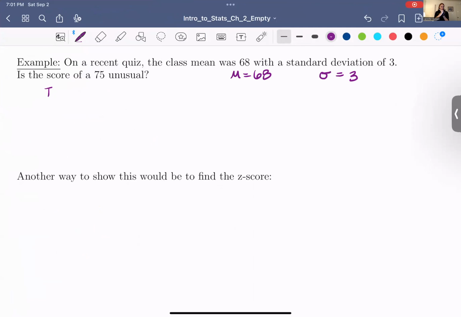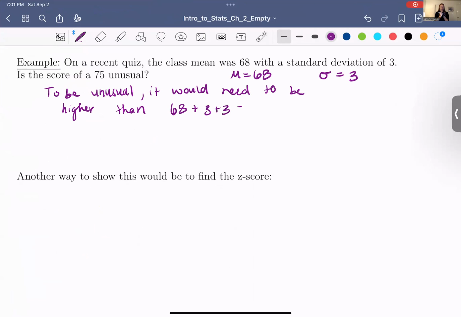To be unusual, it would need to be higher than the mean plus 2 standard deviations.